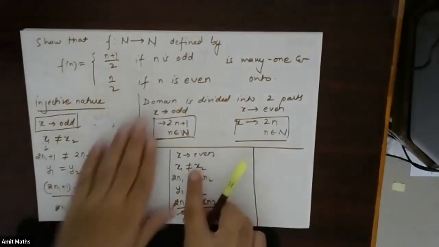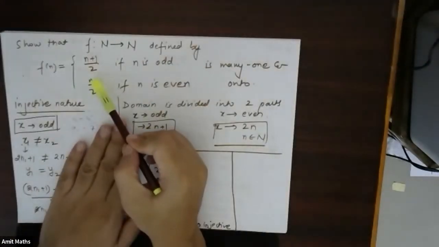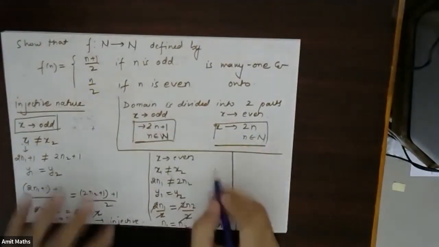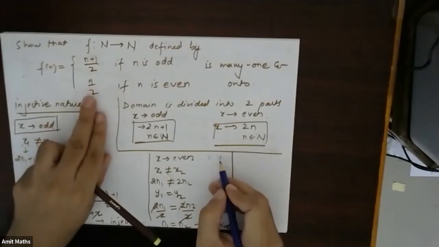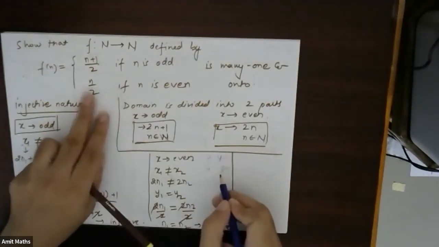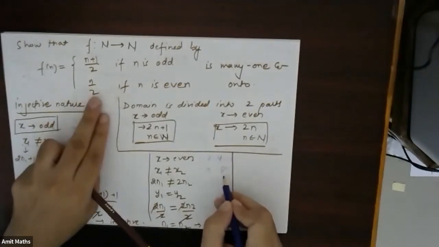If I'm taking even numbers, suppose n as 2, then 2 by 2 is 1. Taking 2 and 4, you get 2 by 2 is 1 and 4 by 2 is 2. Taking 4 and 8, you get 4 by 2 is 2 and 8 by 2 is 4, and so on.